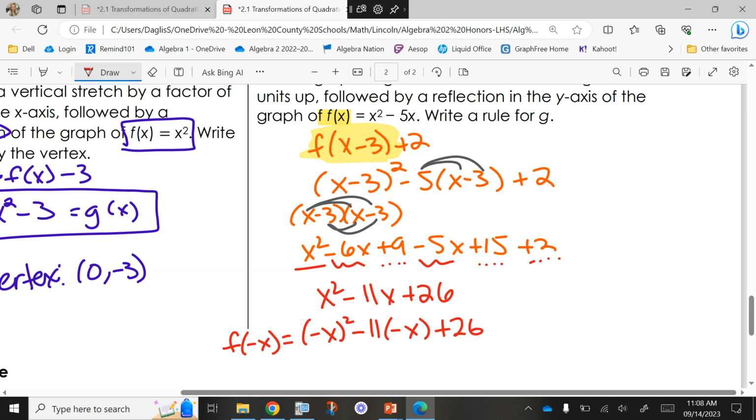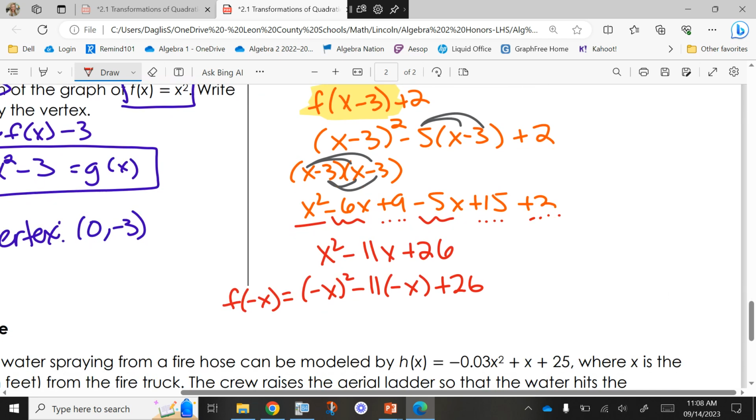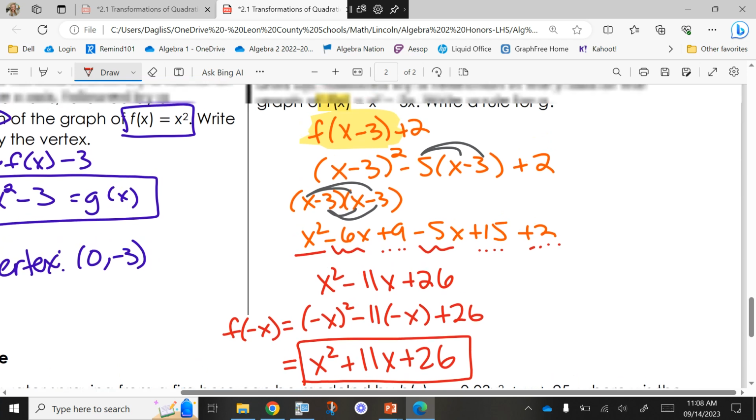So this is showing reflection across the y-axis. Negative x squared in parentheses becomes a positive x squared. Negative 11 times negative x gives me positive 11x. And then I still have plus 26. And that's our final function after all the transformations.